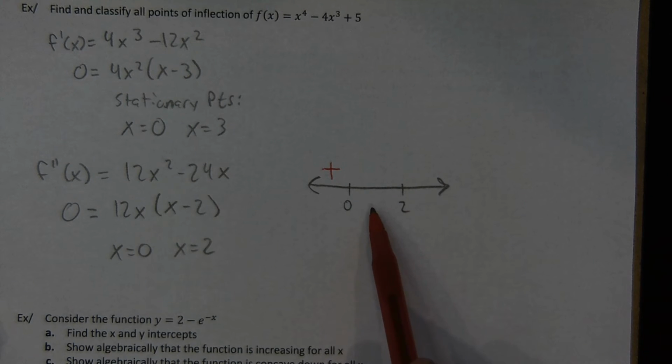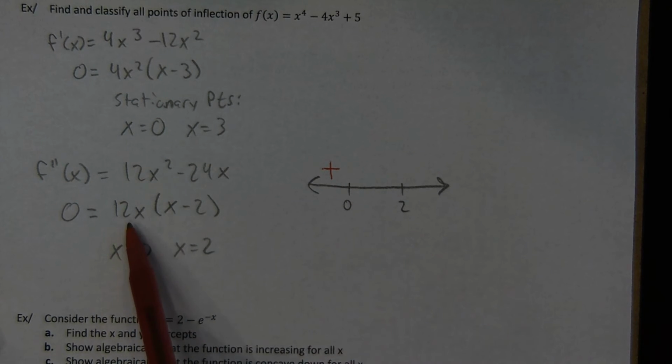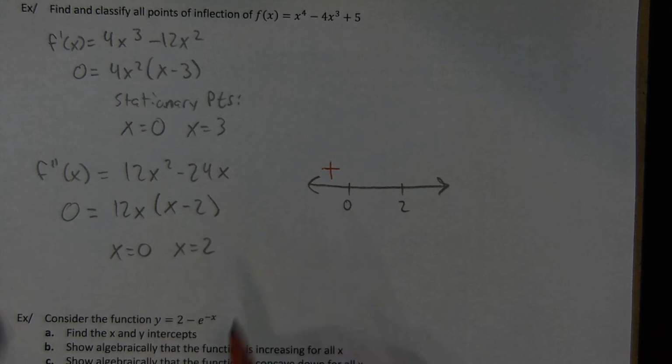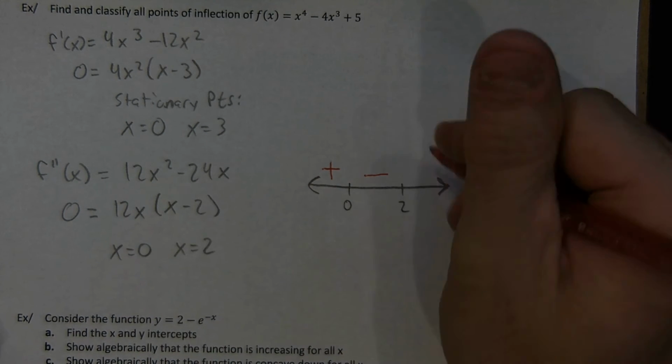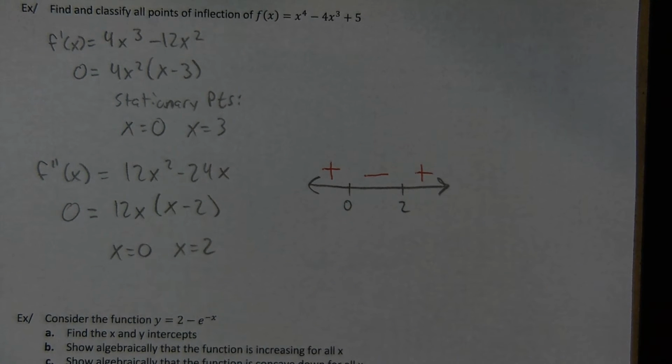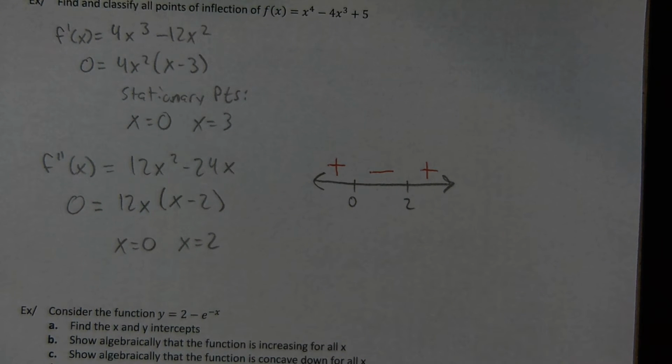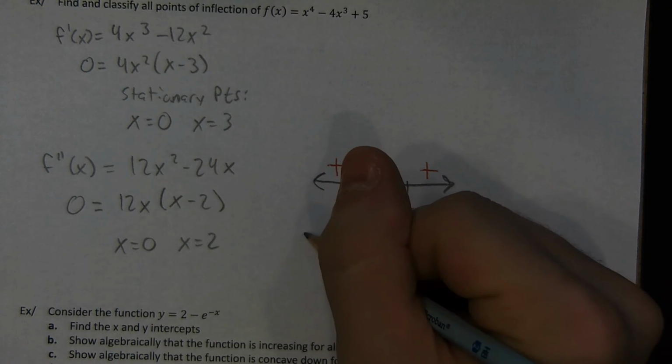Let's plug in a number between 0 and 2, like 1. 12 times 1 is positive, 1 minus 2 is negative. Positive times negative, negative every time. And plug in a number bigger than 2, like 3, positive, positive, positive. So there are 2 inflection points, and the reason why there's 2 is because I have 2 sign changes on the second derivative. So what's happening at x equals 0?